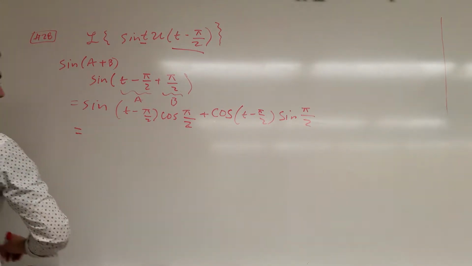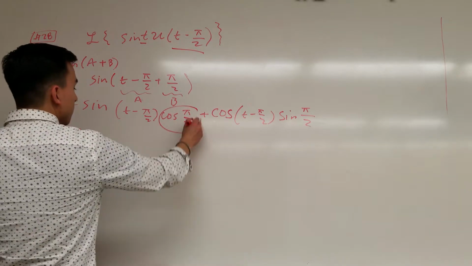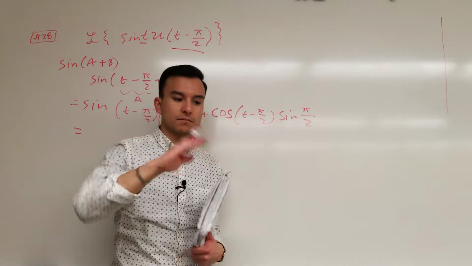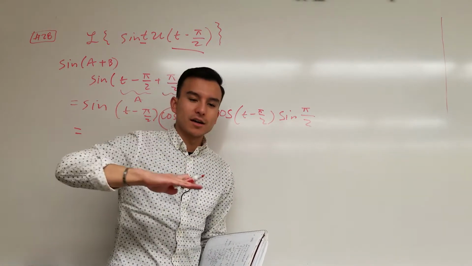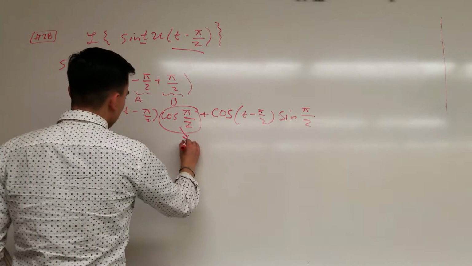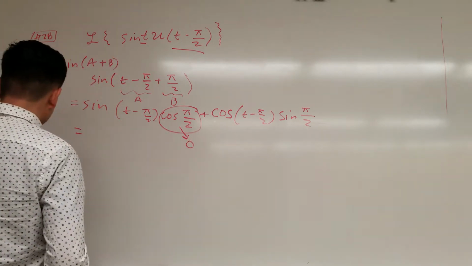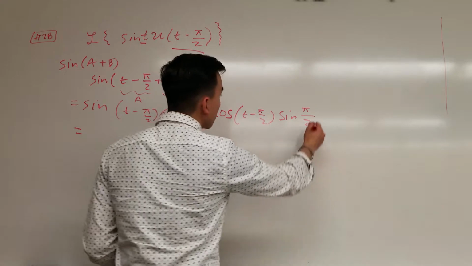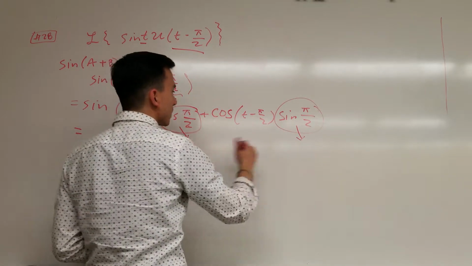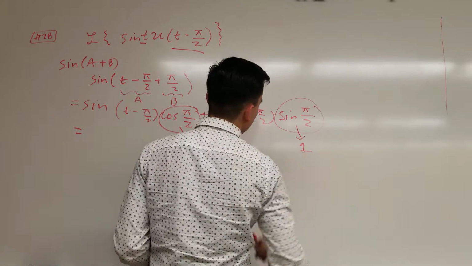Okay, well, if I look here, cosine of pi half, well, if I think about my unit circle, maybe I didn't memorize it in trig. Oh, I should have memorized it. Well, cosine of pi halves, that goes to 0, right? And if I think back to trig, my unit circle, sine of pi halves is 1.